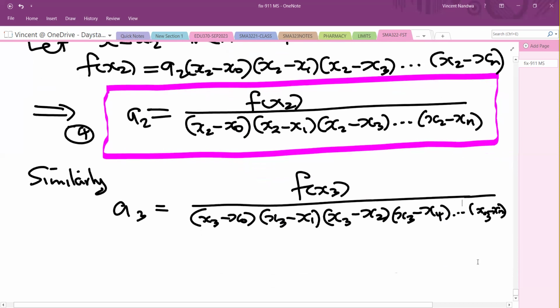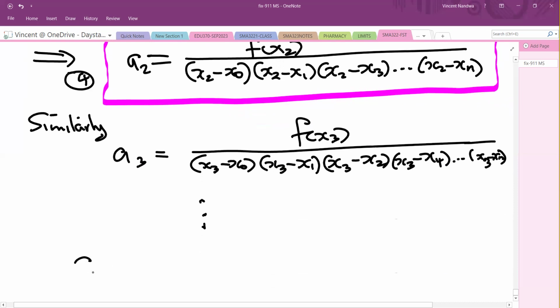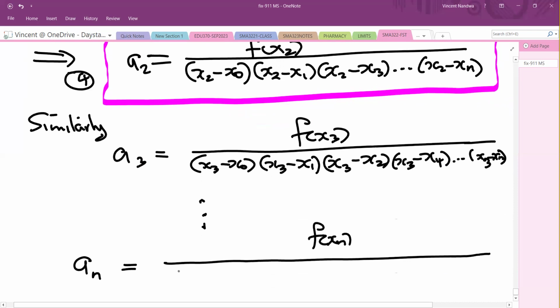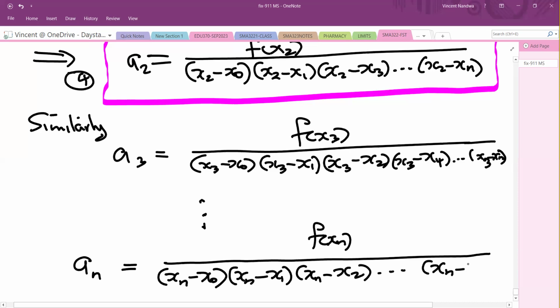Good. So we do the same exercise up to an, which will be given by f of xn over xn minus x naught, then xn minus x1, then xn minus x2, all the way up to xn minus, correct, xn minus 1.